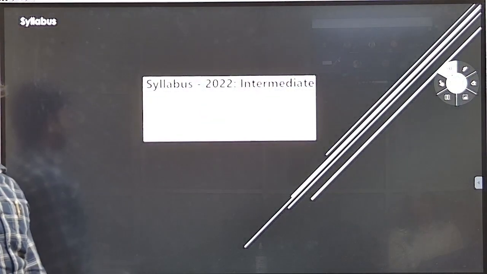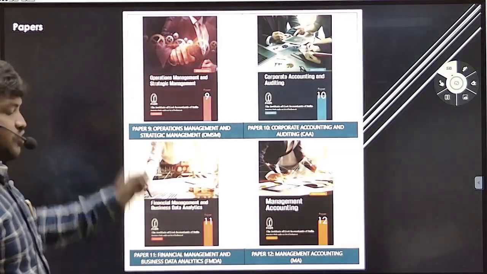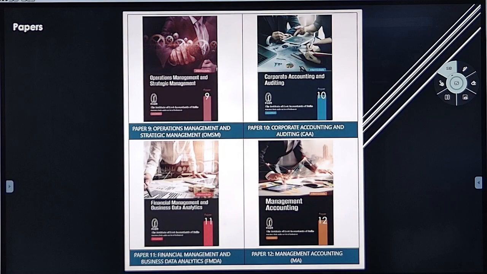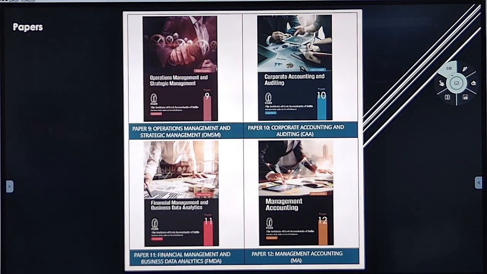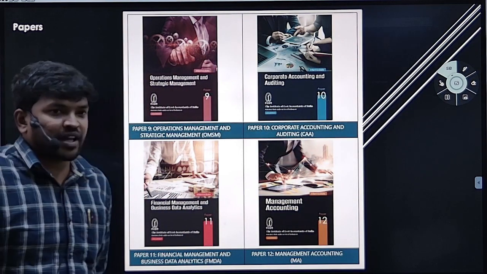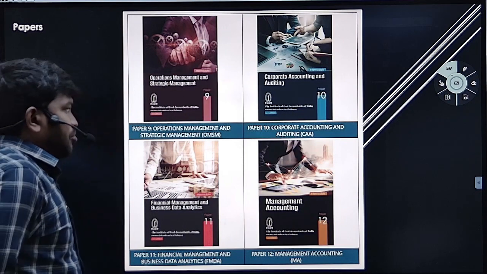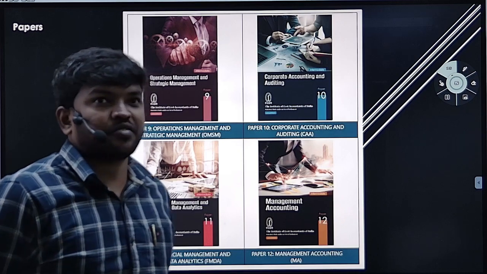This is your syllabus 2022. We have these 4 papers. What is paper number 9? OM and SM, operations management and strategic management. Paper number 10, corporate accounting and auditing.